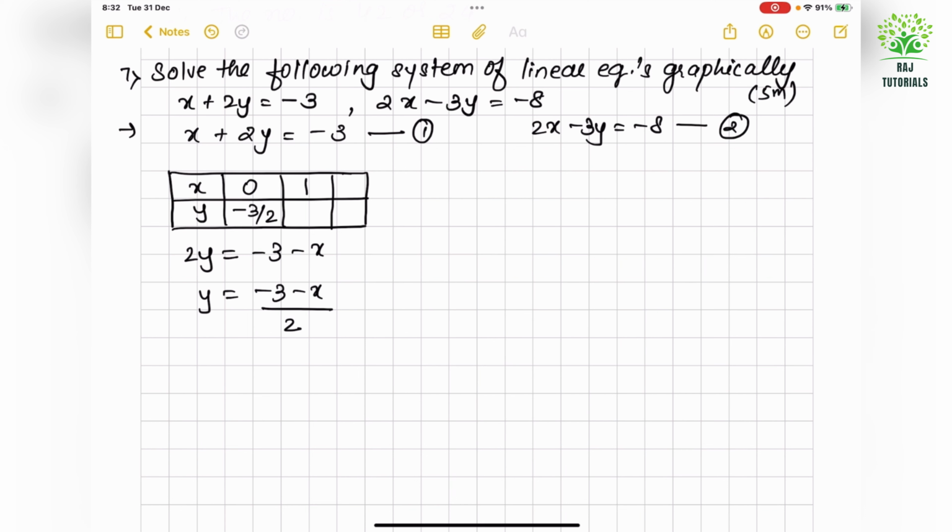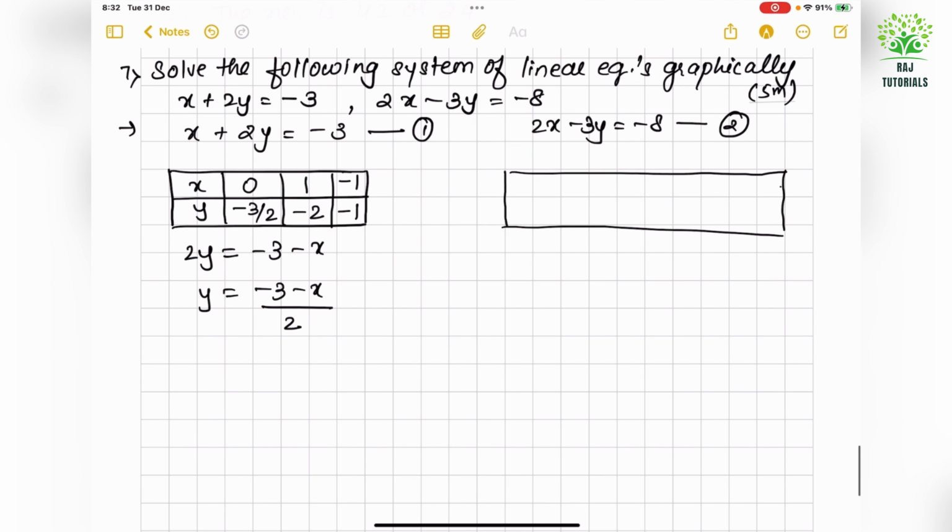If I put 1, minus 3 minus 1 will be minus 4 divided by 2, so minus 2. And if I put minus 1, minus of minus will be plus, so minus 3 plus 1 will be minus 2, minus 2 upon 2 will be minus 1. Same way, I make the table.